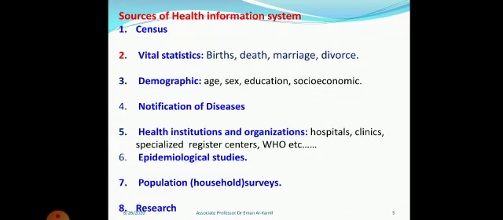Health institutions and organizations, such as different institutions or health organizations, public hospitals, the private sector, WHO, or different non-governmental organizations. Epidemiological studies, different types of epidemiological studies, also population surveys or household surveys, and research.